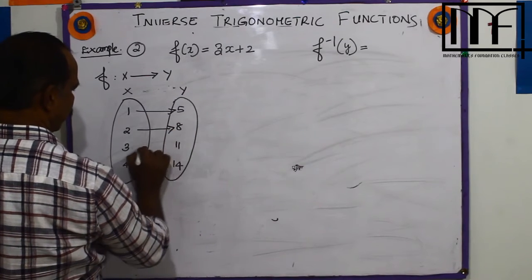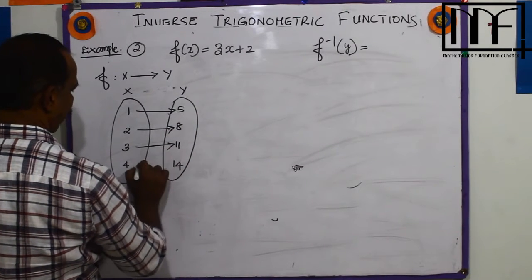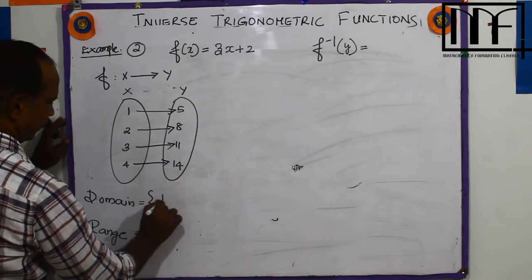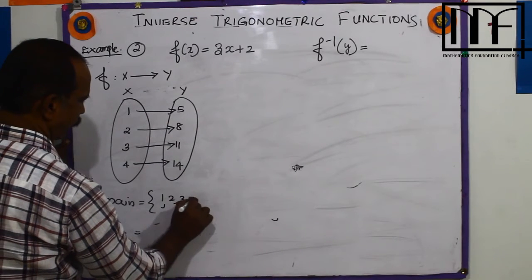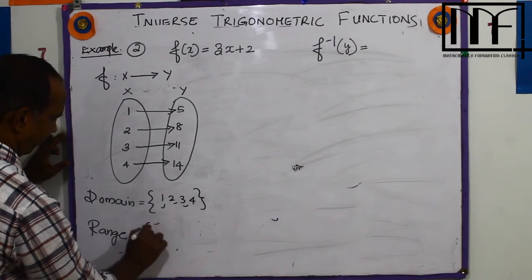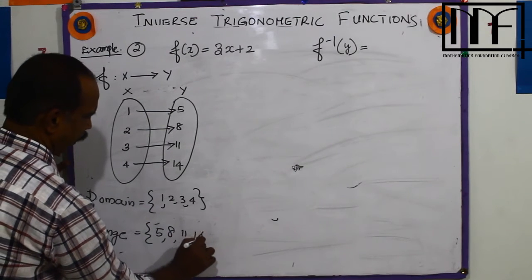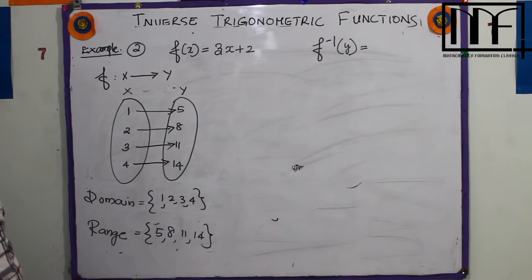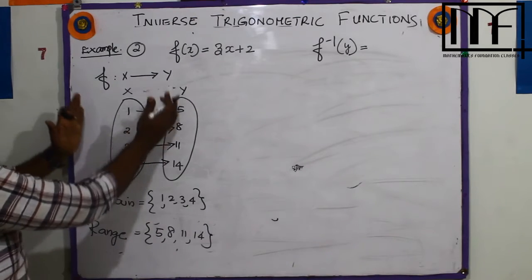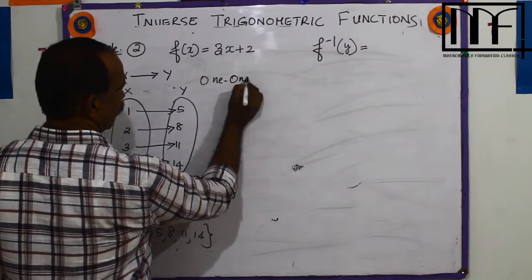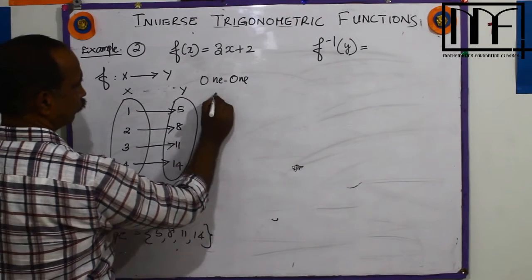So 2 is connected to 8, 3 to 11, and 4 to 14. So 1, 2, 3, 4 are the elements in the domain, and 5, 8, 11, 14 are the elements in the range.